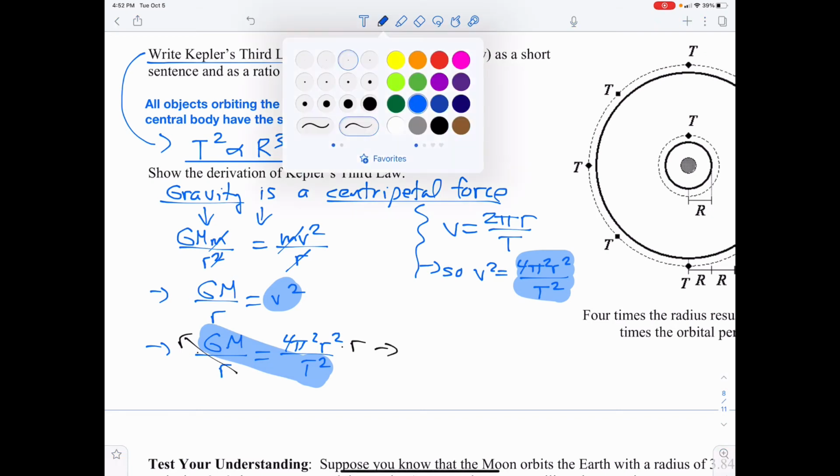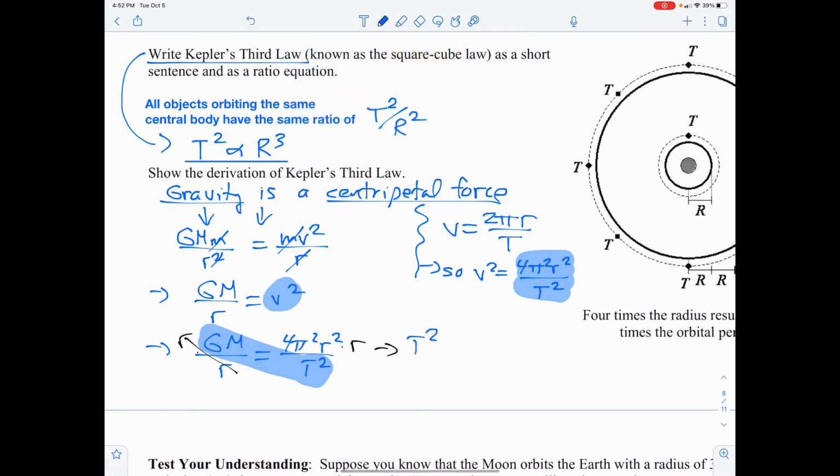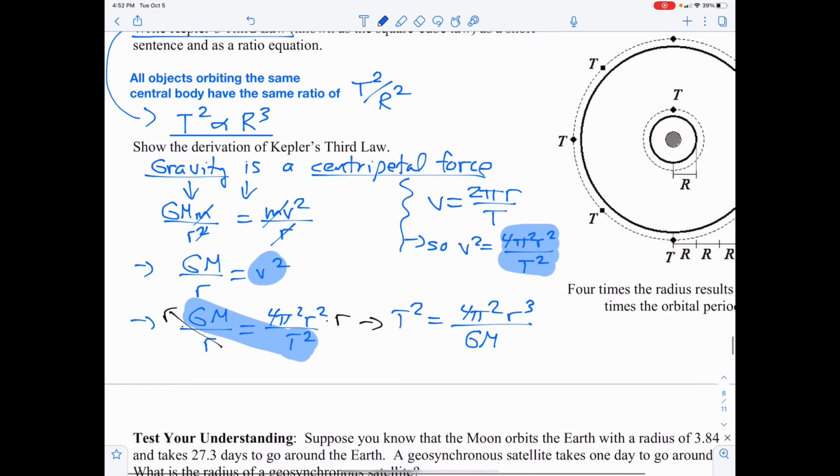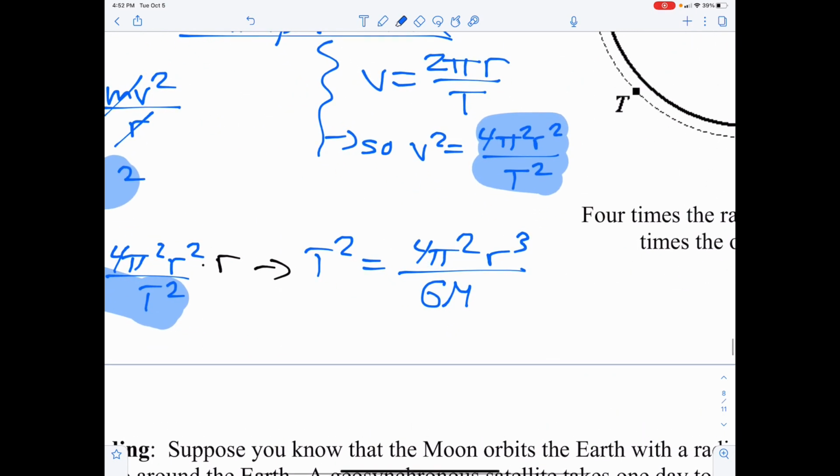And as I do that, I get T squared as my dependent variable equals 4 pi squared r squared times r, which would be r cubed, over, and then G times M moves down here, G M. And if you look at what we're left with, T squared is proportional to r cubed, because all of that is a constant. 4 pi, G, and M are all constants.